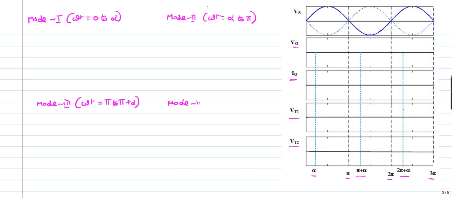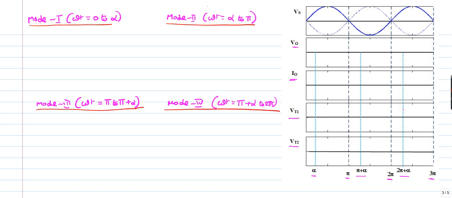Mode 4: triggering instant to zero crossing, so pi plus alpha to 2 pi. We started at 0 and ended at 2 pi, so one complete cycle analysis is obtained in these modes of operation. So these are the various modes we have.